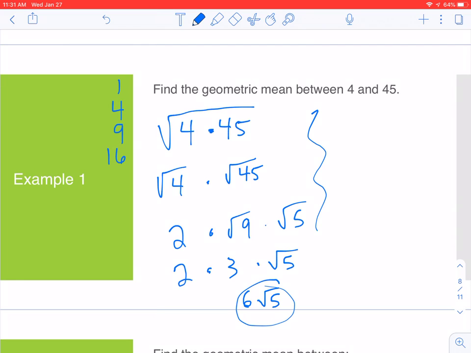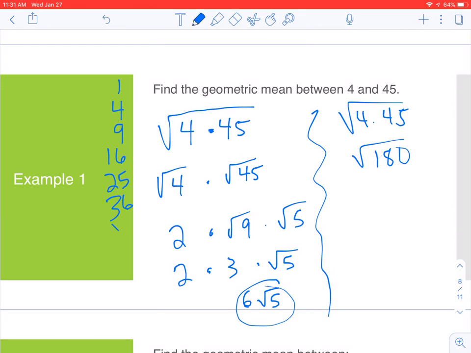Okay, another way to do this is to multiply these together, and I'm going to get root 180. And I have to say to myself, what's the highest factor? I have to go all the way till I get less than half of 180 of my perfect squares.